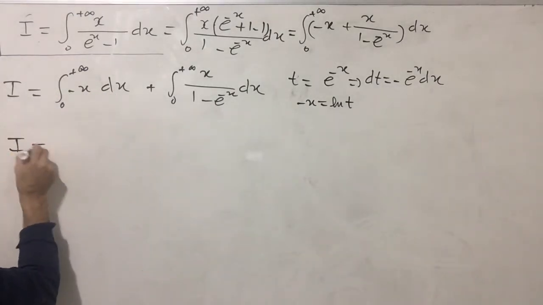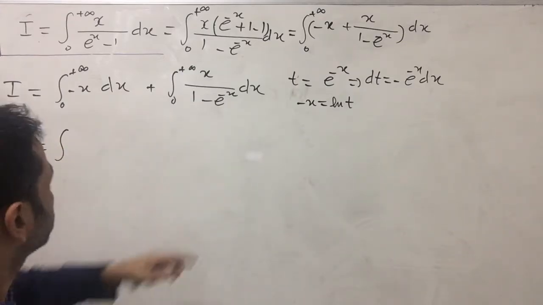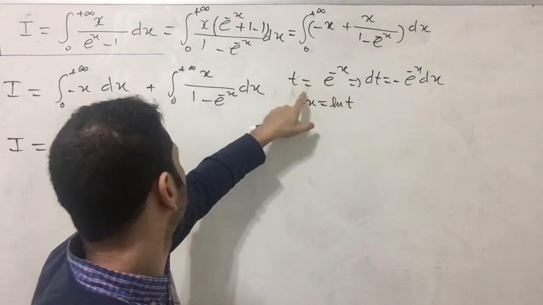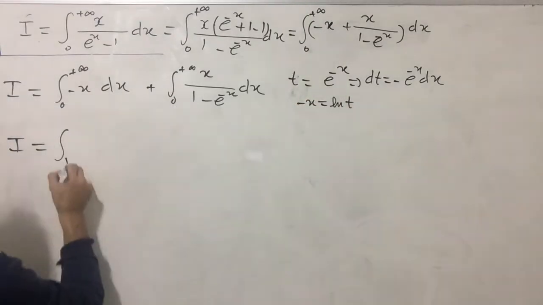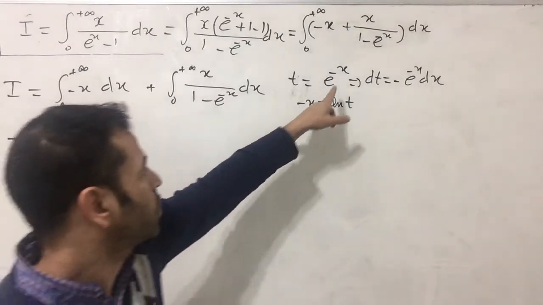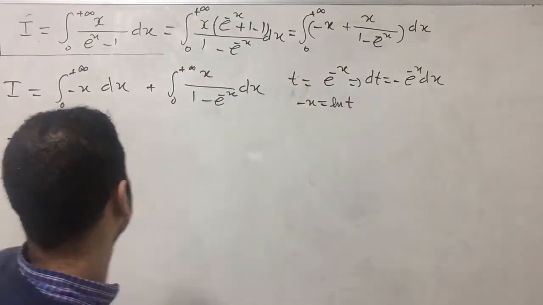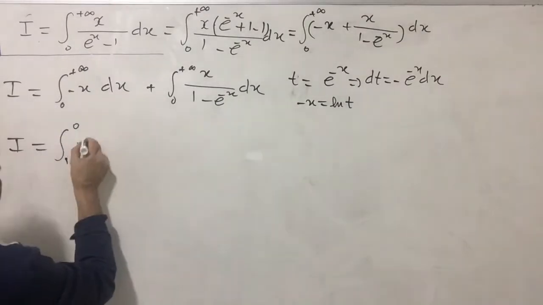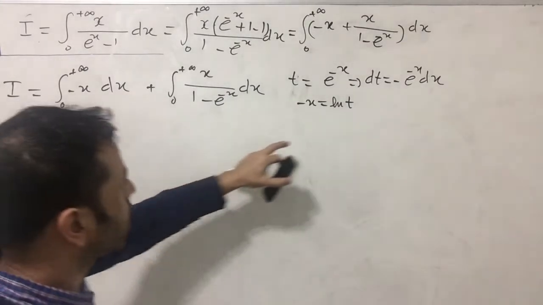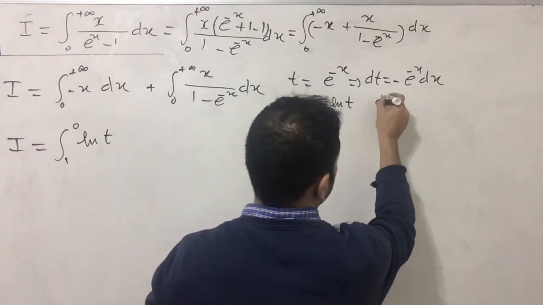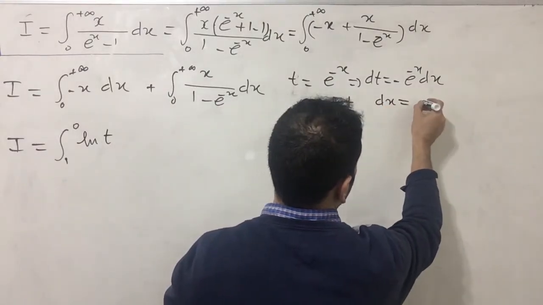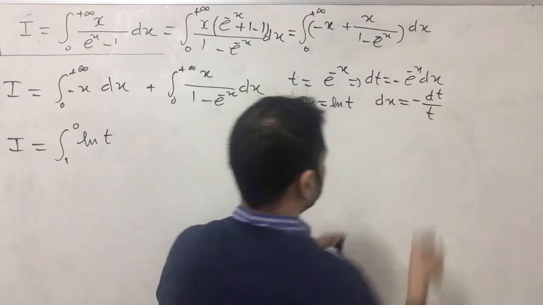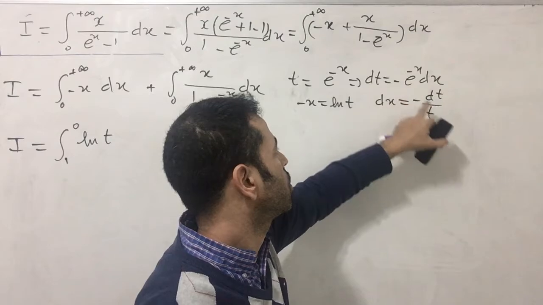So I will have the integral for the bound: if you plug 0 into x, it gives you 1, and if you plug plus infinity into x, it gives you 0. Minus x becomes natural log of t, and dx equals minus dt over t, by replacing e to the minus x with t.